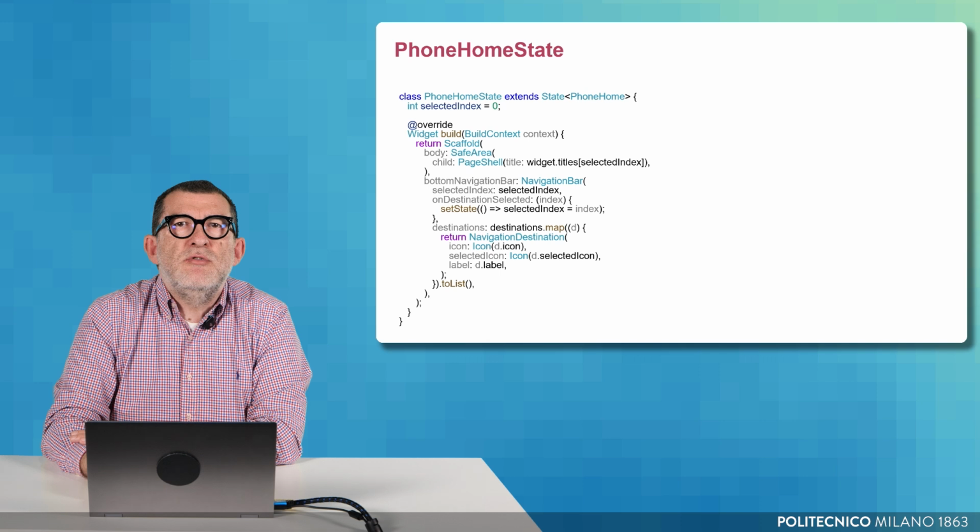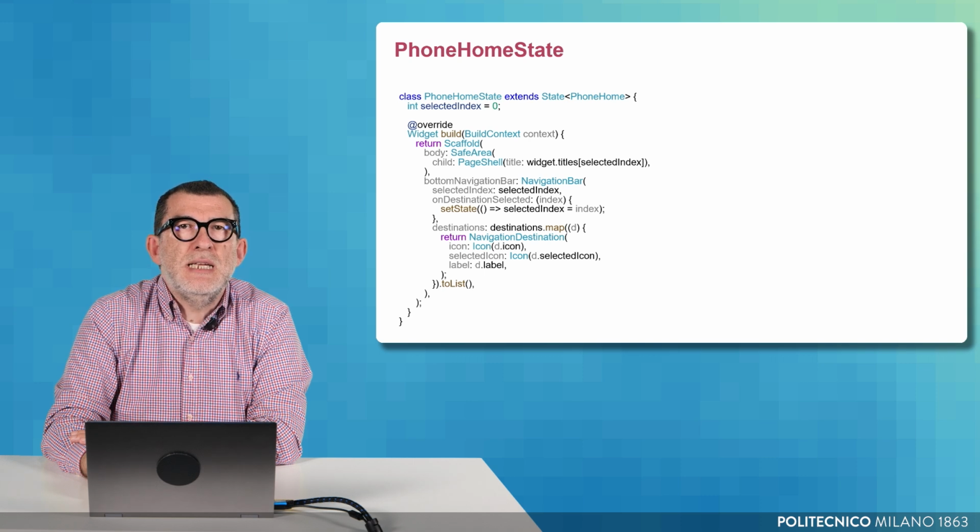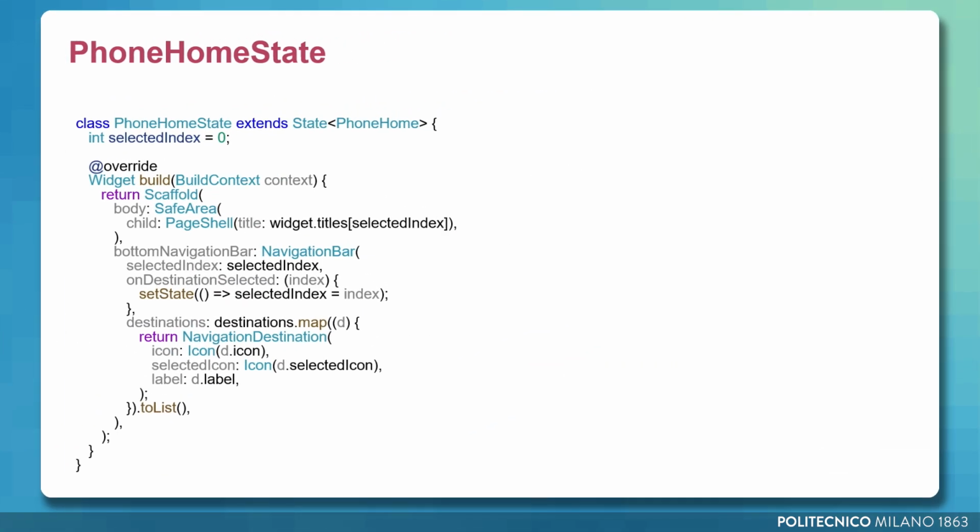Then we have PhoneHome and TabletHome, two stateful widgets. In this case, we focus on state management through the two state classes. The state of PhoneHome includes an integer called selectedIndex, which is used to identify which of the three page shells is currently active.